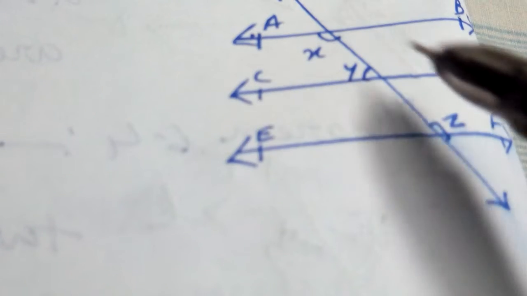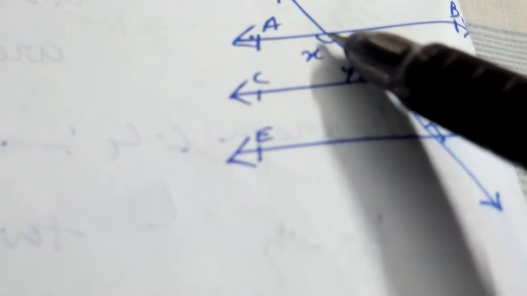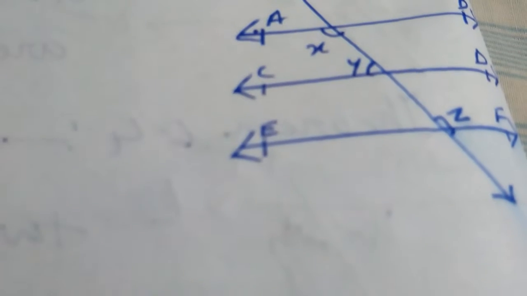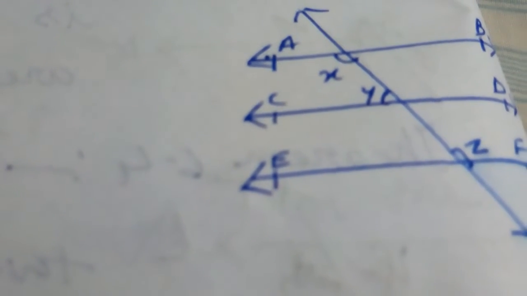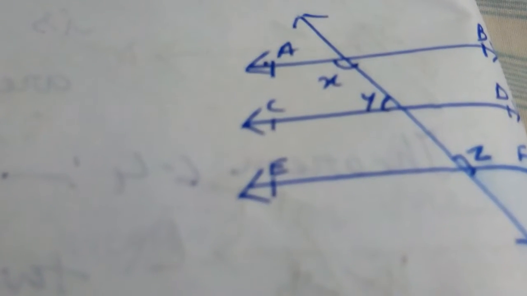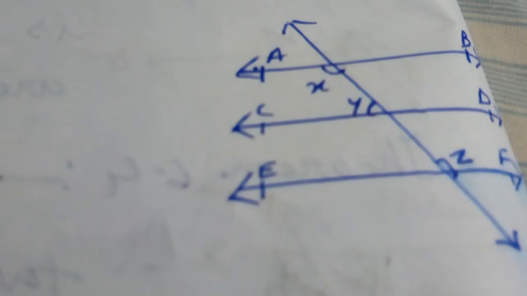Now from the figure you see there is another theorem: if AB is parallel to CD, the sum of the interior angles on the same side of the transversal is 180 degrees. So we can write x plus y is equal to 180 degrees, with x equal to 7A and y equal to 3A.